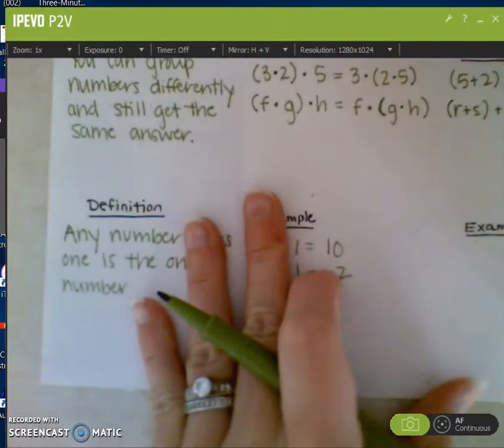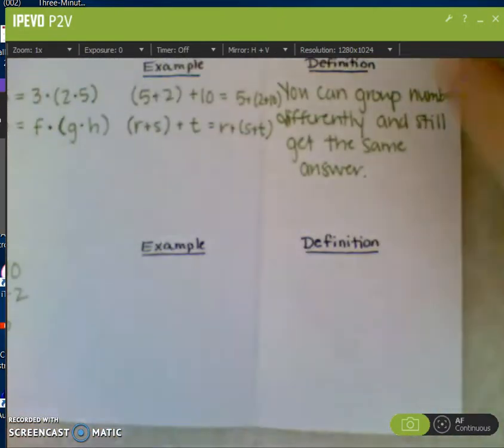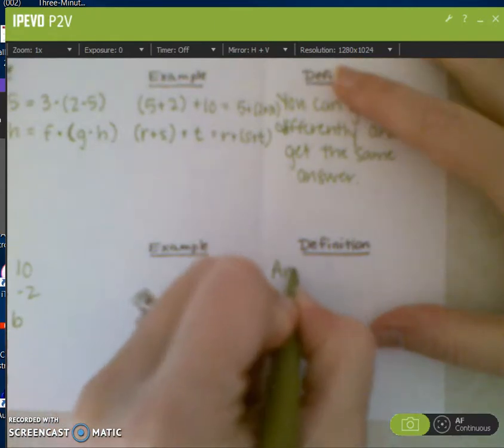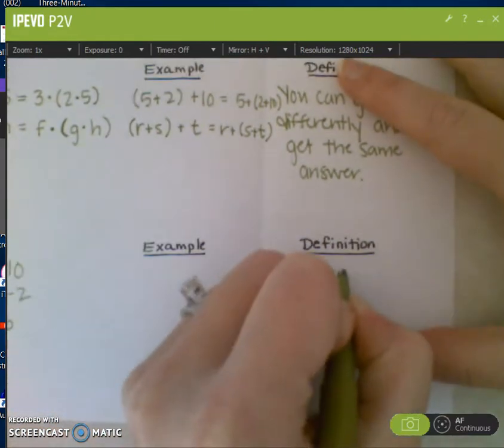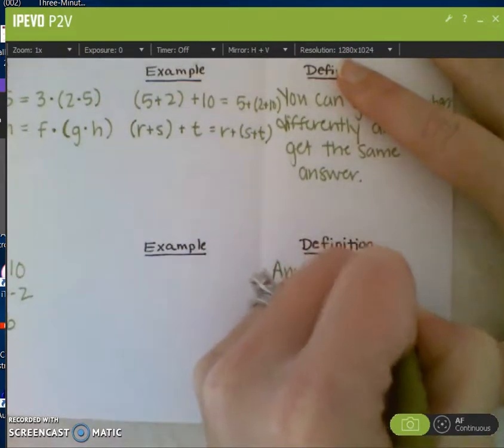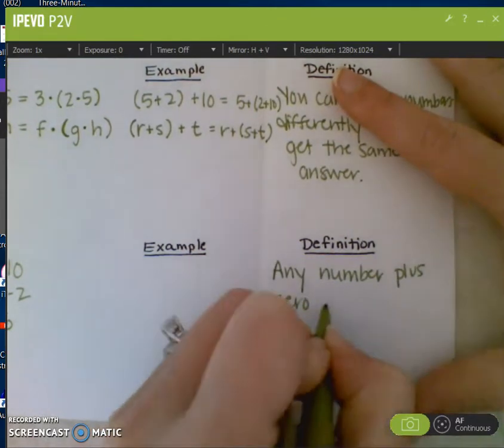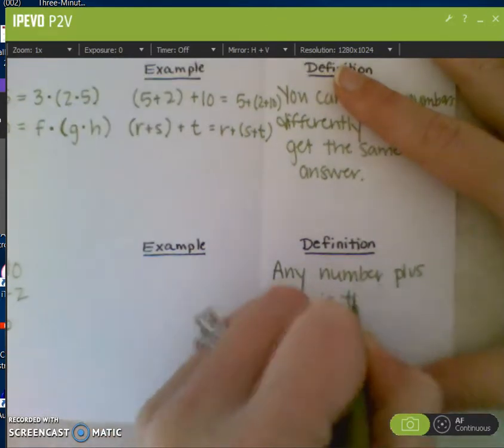For the identity property of addition, on the other side of the foldable, we know that any number plus 0 gives us the original number.